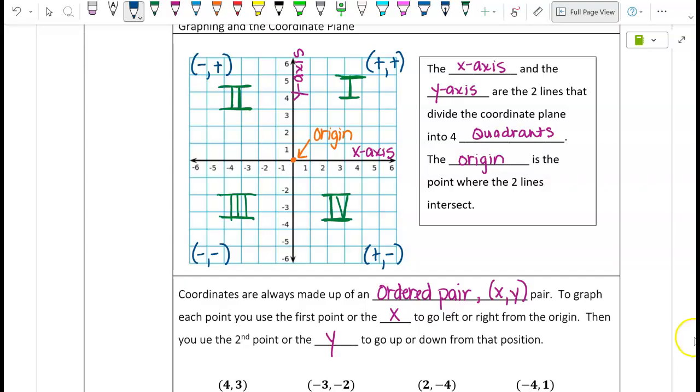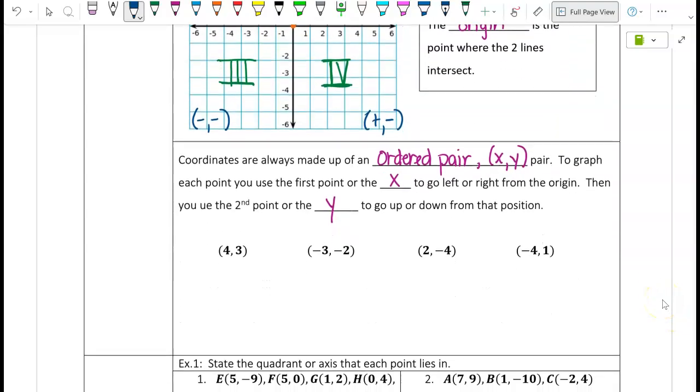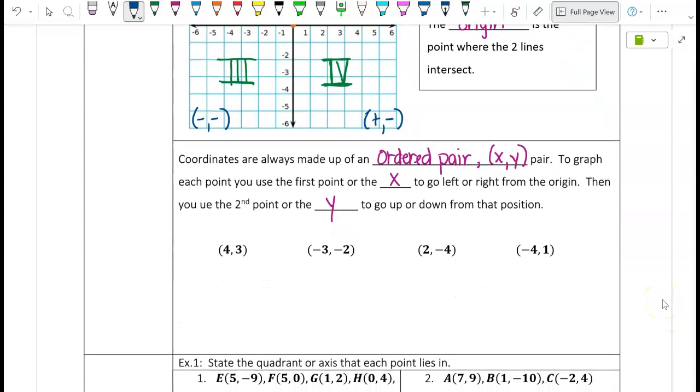So when we look at these ordered pairs here, just to explain in words what we would be doing with each ordered pair, we will get into graphing in this lesson. But we start, again, with the ordered pair 4, 3. The 4 is represented by our x, the 3 is represented by the y. Ordered pairs are always x comma y.